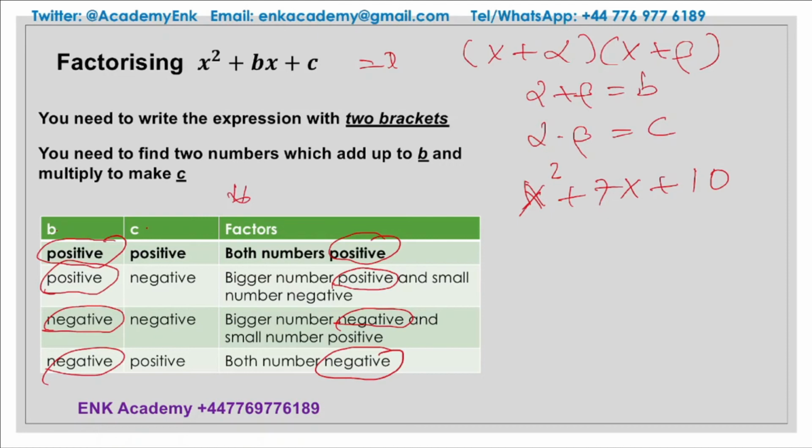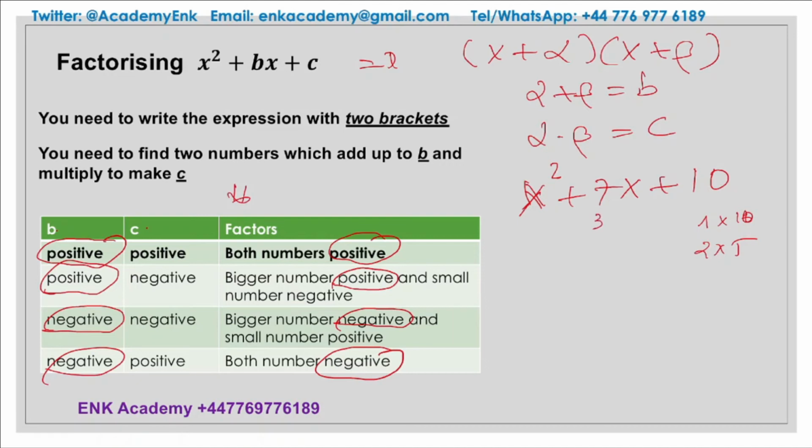We need to find two numbers which, when added together, give 7, and when multiplied, give 10. What two numbers when multiplied give you 10? We have 1 times 10. We have 2 times 5. And what two numbers when added give you 7?